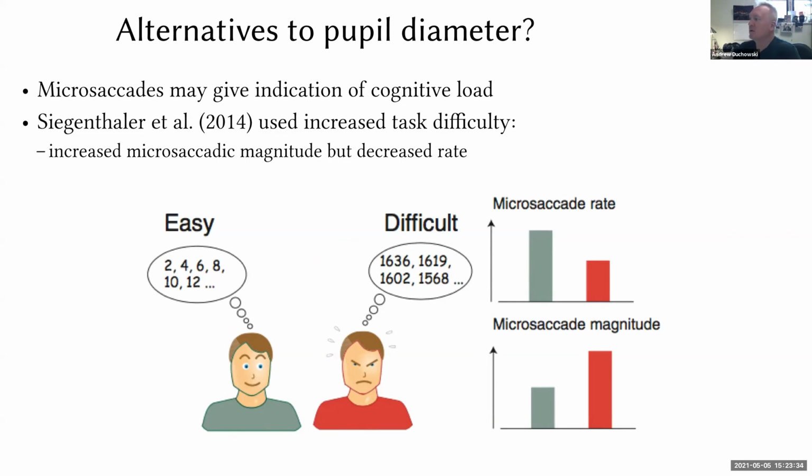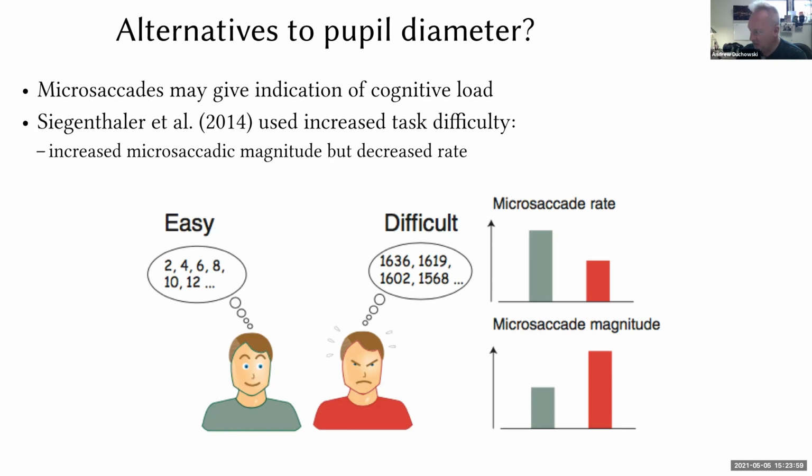But there are also microsaccades, and Siegenthaler had a nice paper on this. Given a more difficult task, microsaccade magnitude would go up and microsaccade rate would go down. The rationale is that if you're trying to fixate on something and you're thinking really hard, then you take away resources from the fixation.